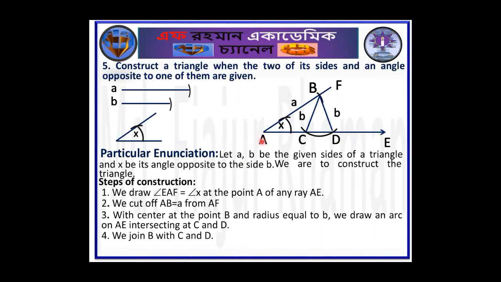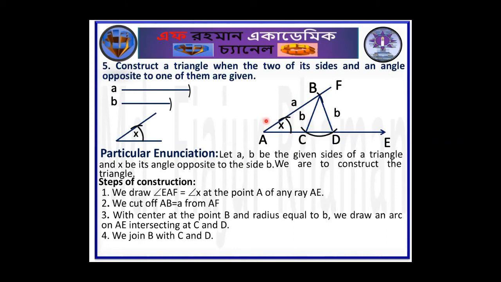If you consider the triangle ABC, then a is one of its sides and b is another side opposite to the angle X. Therefore, ABC is one required triangle.